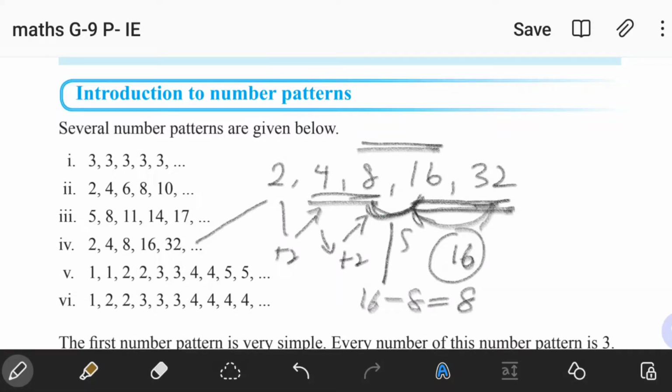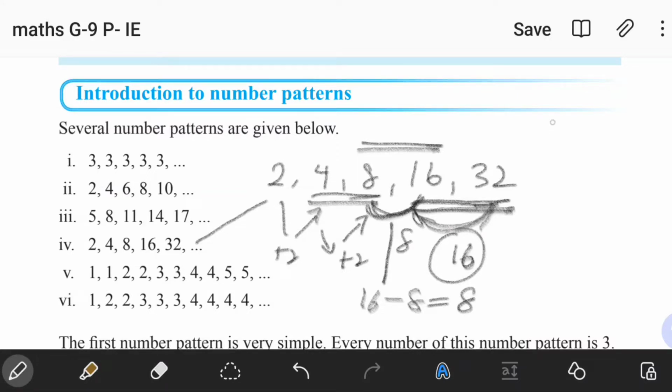So the difference between these two is 8, and between these two is 16. By looking at that, we know that this particular number pattern doesn't have a common difference. In grade 10, you will learn more about arithmetic progression for these kinds of number patterns.